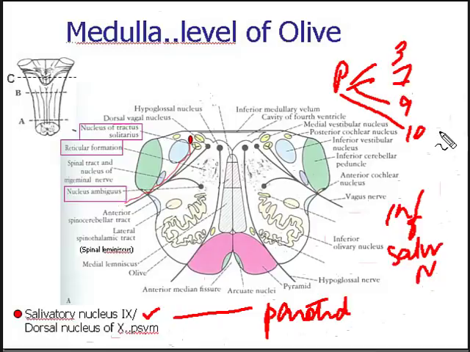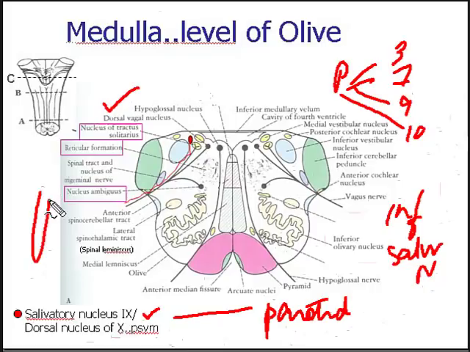The part that goes with the 9th cranial nerve forms this inferior salivatory nucleus, which is this red part which I have drawn. So that's this red area here is the inferior salivatory nucleus, and that will travel out. The axons will travel out and go with the 9th, as will fibers from the nucleus ambiguus also go with the 9th.